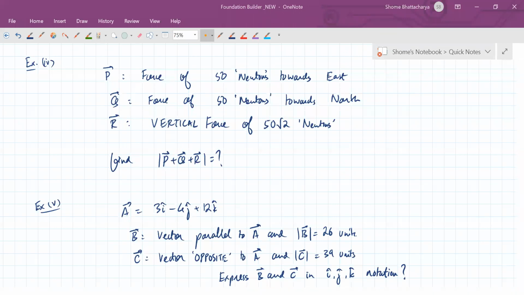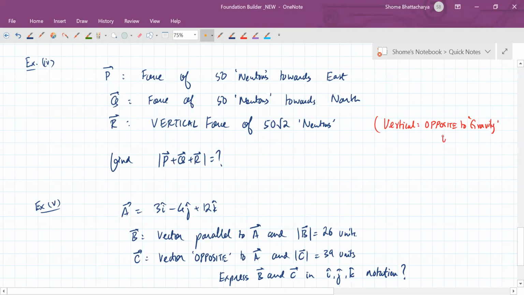Vertical generally means vertically upwards. Vertical means opposite gravity. The term vertical we use when we are saying it is opposite to gravity.